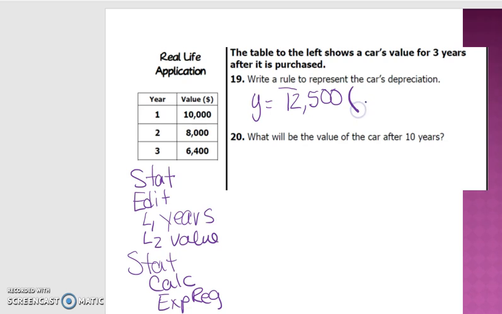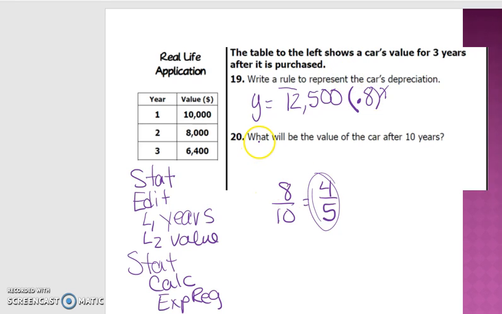Our ratio, or our R value, on the calculator says 0.8. Now 0.8 means 8/10, which if reduced by 2's would be 4/5. So you could put the 8/10 like it is in the calculator, that's perfectly fine. Or you can use the 4/5, that would be fine as well. And you notice in the calculator it says it's raised to the x.